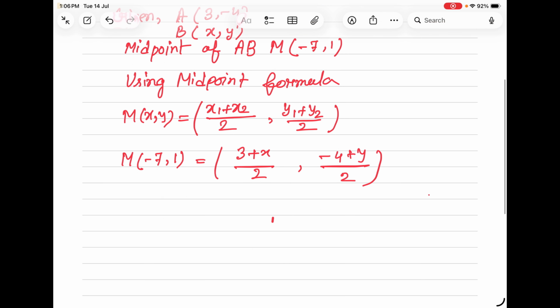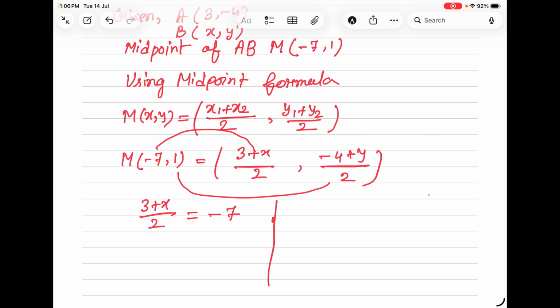Now you have to solve by comparing both sides. See here, (3 plus x) by 2 equals minus 7 if you compare the x coordinate of both sides and the y coordinate of both sides. Similarly, (minus 4 plus y) by 2 equals 1 on the right. Now you can solve and find the values of x and y.